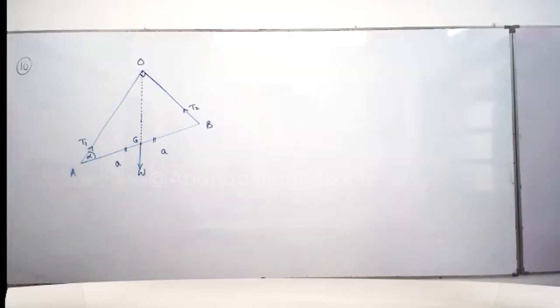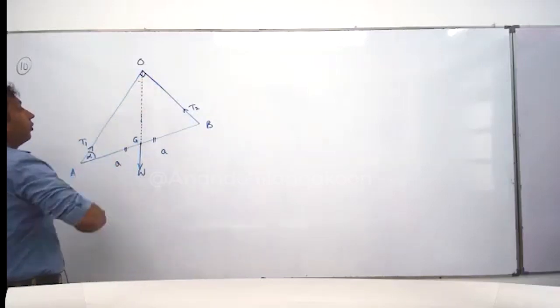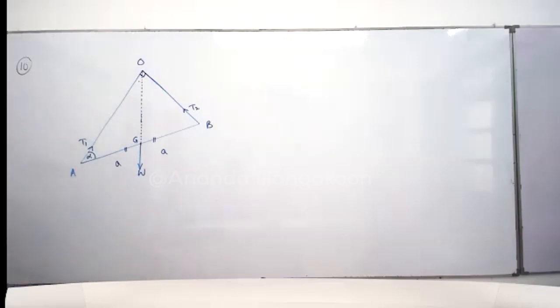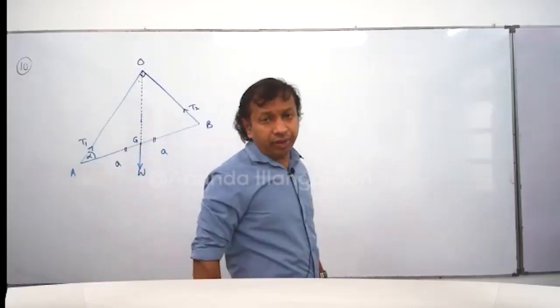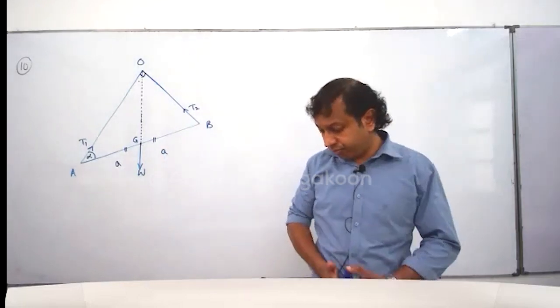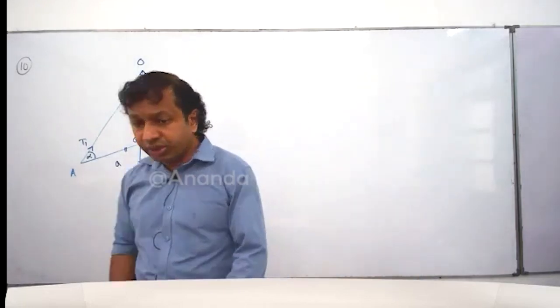So that angle AOG is also alpha. This also we are asked to show as alpha. Now, how to take this? Who did this part? The geometry here we need. Who did this question?